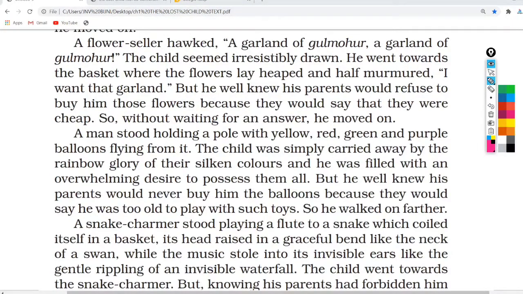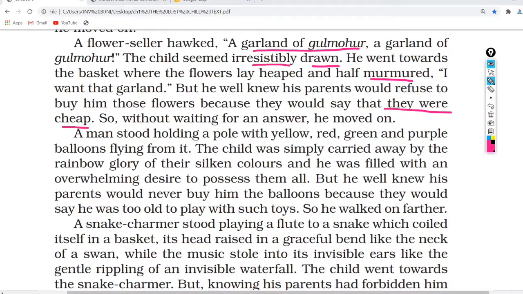A flower seller hawked a garland of gulmohar. The child seemed irresistibly drawn. He went toward the basket where the flowers lay heaped and half murmured, I wanted a garland, but he well knew his parents would refuse to buy him those flowers because they would say that they were cheap.